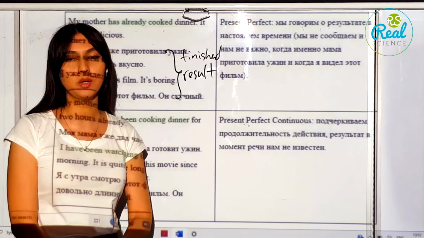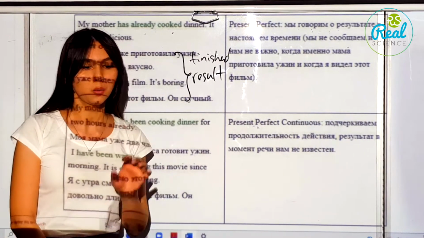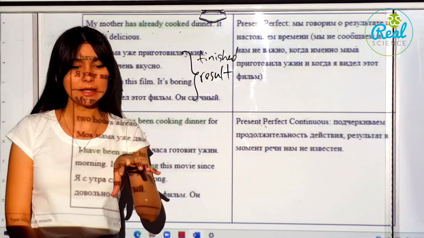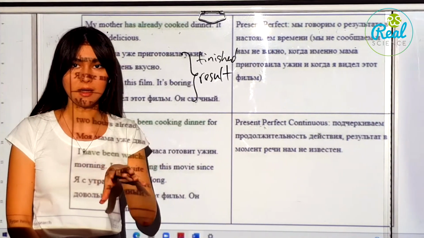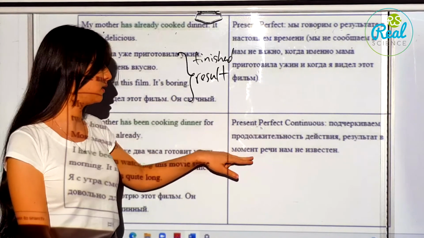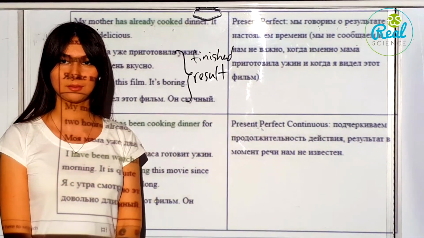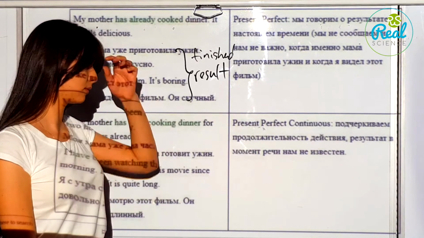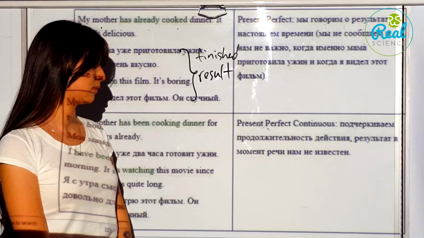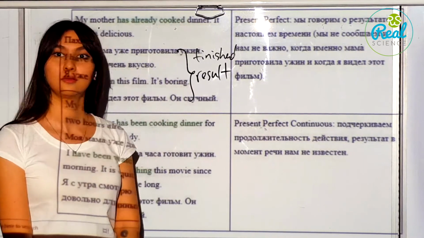Okay, do you understand? So when we talk about present perfect simple, we signal the result and signal that the action has finished. The main thing in the present perfect simple is this one. Now, can you read, Jasmine, this one, present perfect continuous form?